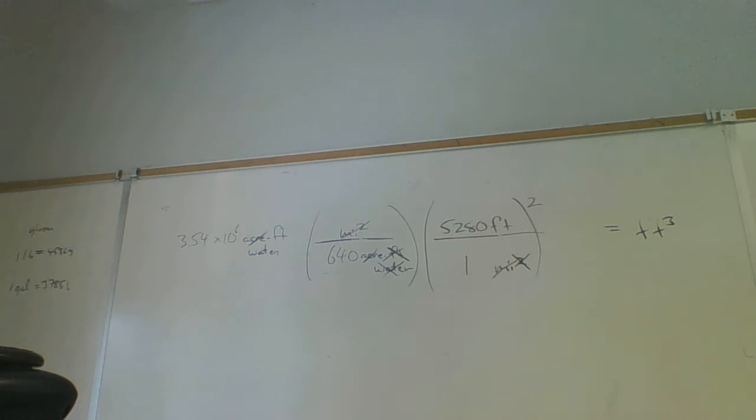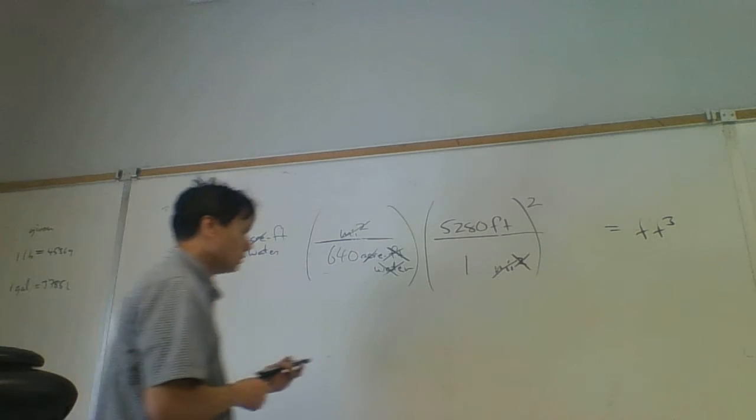Eventually you'll get there. And so let's go 3.54 times 10 to the 6 divided by 640 times 5280, and I have a square key on this. Works out.